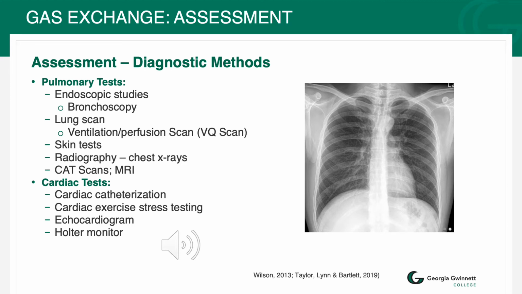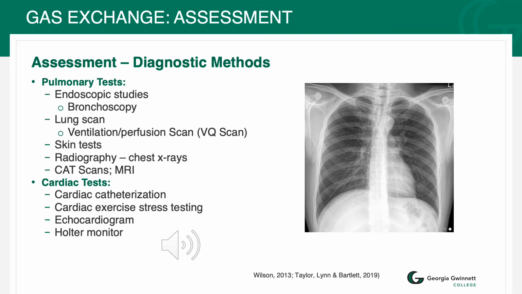If the chest x-ray shows something or does not give us the information we need, then we can go into more detailed scans such as a CAT scan or an MRI. Cardiac testing is to, again, remember the pulmonary, the respiratory system and the cardiovascular system hand in hand, very interrelated, such as oxygenation and perfusion, very interrelated concepts.